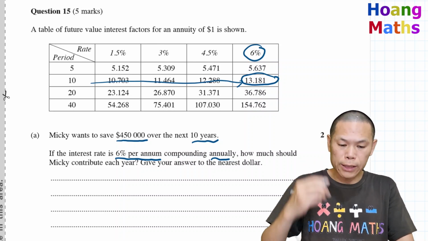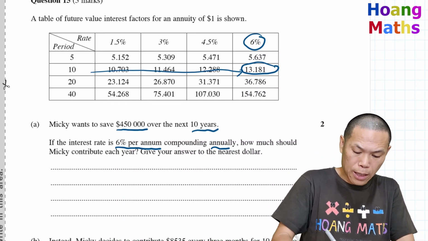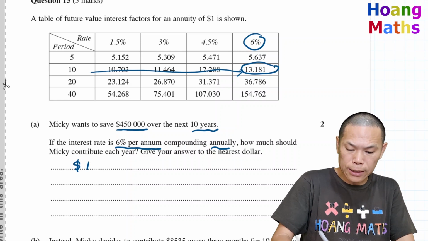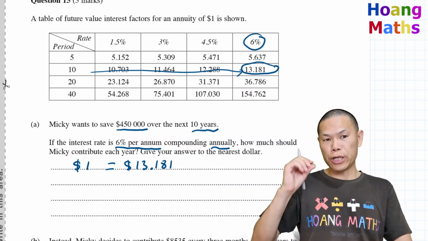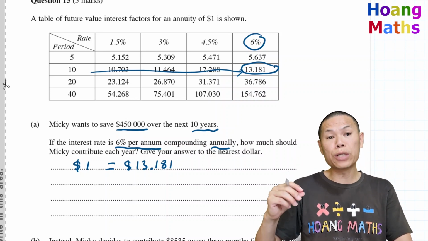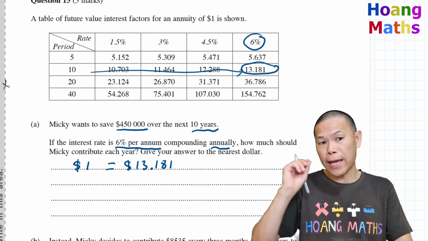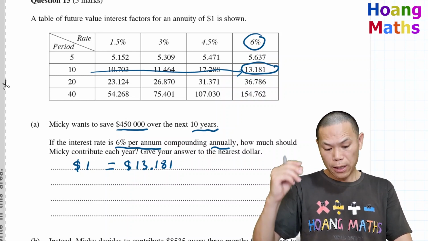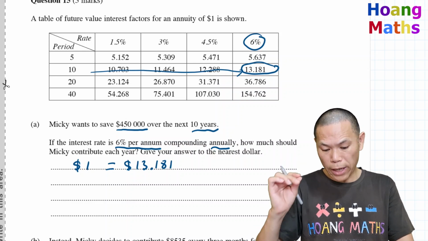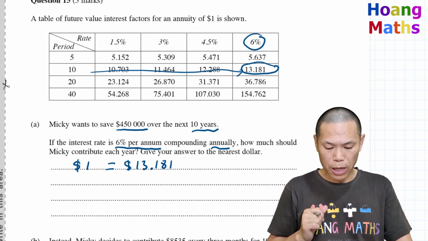So the future value for an annuity of $1 is this. Let me just write this down. So the annuity of $1 is $13.181. In other words, if Mickey puts $1 each year for 10 years, the future value will be $13.181. Okay, so keep that in mind.